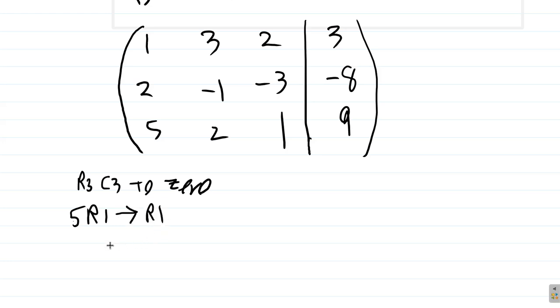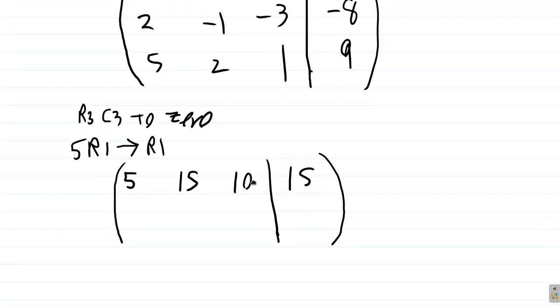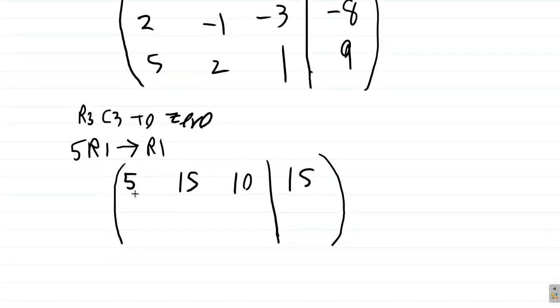So let's do that. We're going to change row 1. So 5 1 is 5, 5 3 is 15, 5 2 is 10, 5 3 is 15. Alright. We'll only change row 1, we won't change any other row. So we still have our 2, negative 1, negative 3, negative 8, and our 5, 2, 1, 9.